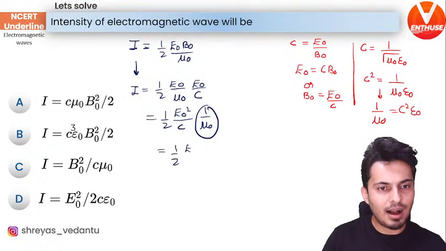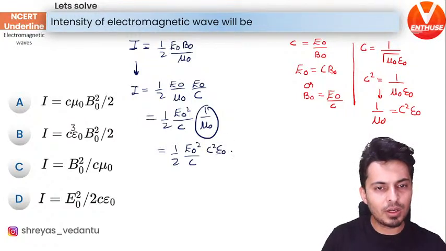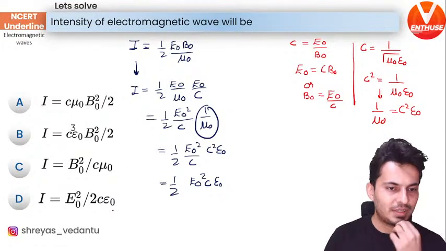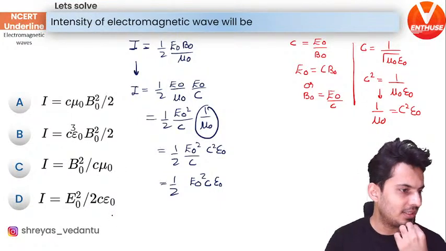So I'll get half E naught square by C square epsilon naught, which is half epsilon naught E naught square C. I don't think option D is matching. Option D is not matching, guys. I hope this is clear.